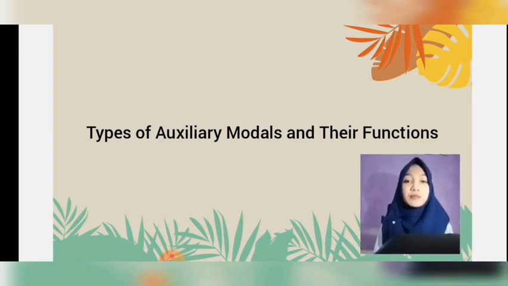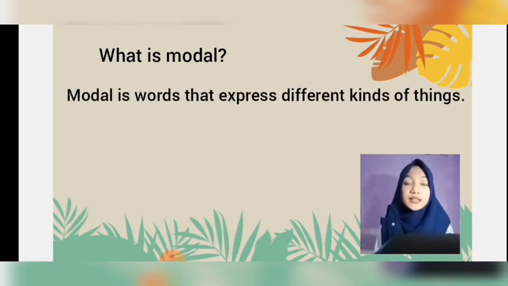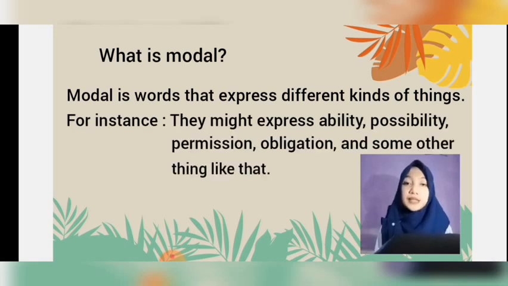Before we get to the point, I will give an explanation of what modal is. Modals are words that express different kinds of things. For instance, they might express ability, possibility, permission, obligation, and some other things like that.